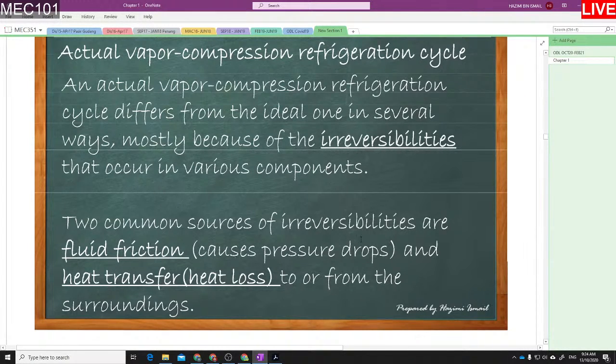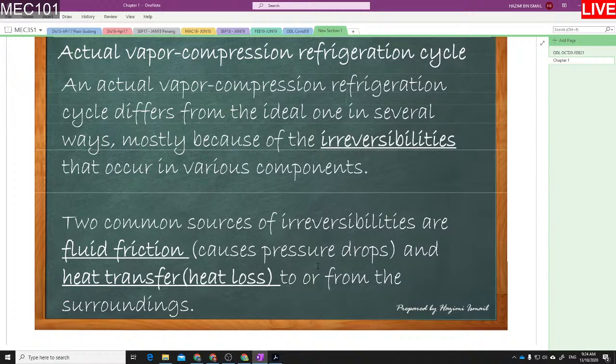Yang second thing of the irreversibilities adalah heat transfer loss, heat loss. Okay, sebab tu kita ada nampak dekat pipe-pipe aircon, kalau awak nampak ada air menitik, sebab air udara dekat luar terkondens. Sebab apa terkondens? Sebab dia tersentuh dengan udara luar, so ada heat loss.